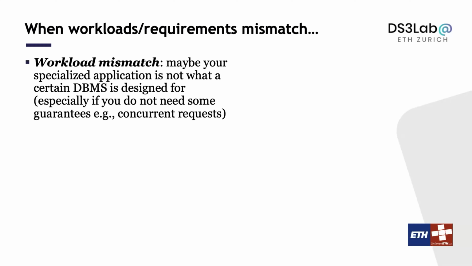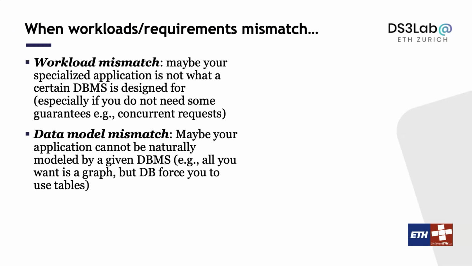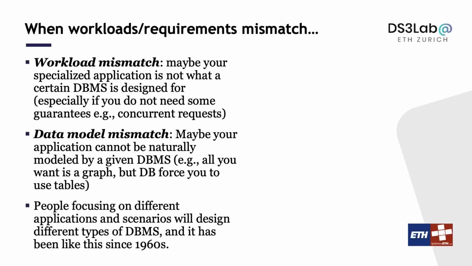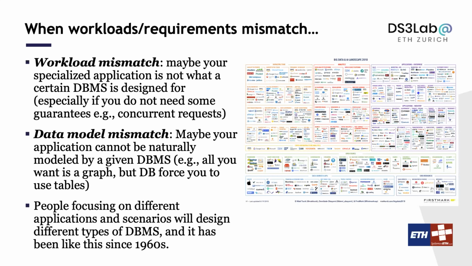So if your workload doesn't fit into that, that could cause a problem, right? So that's something you need to be really careful about. And sometimes the workload will have a mismatch, sometimes the data model will have some mismatch, okay? So that's why people have focused on different types of applications, different scenarios, and they design different types of database management systems that form this very crazy landscape, right?